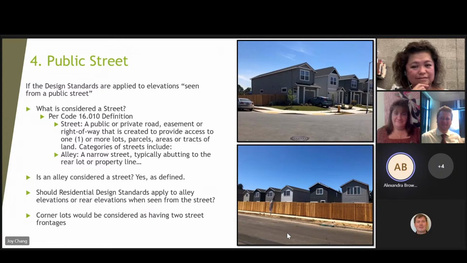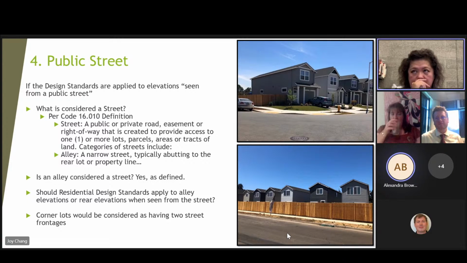I'm all for it. I know this development well because it's one of my family's developments. Do we know what the difference in cost would be for developers? Because I think it's important to have the privacy, a lot of people aren't wanting to purchase the corner lot because of the lack of privacy.